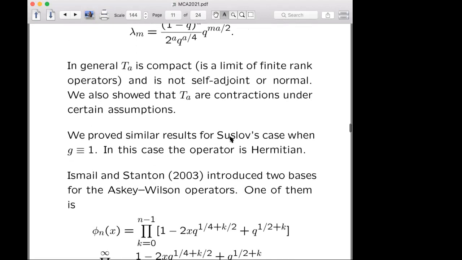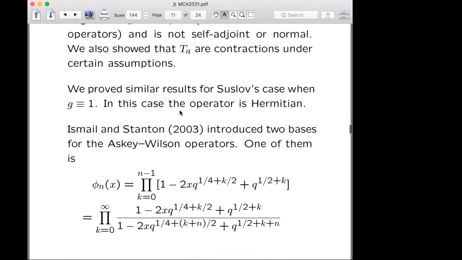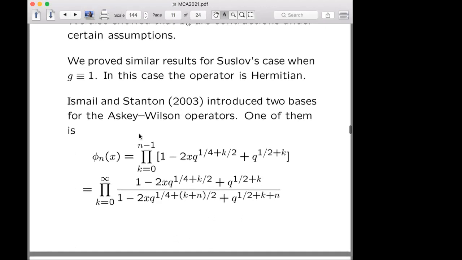Now, in Suslov's case, the operator is Hermitian, so there is no problem. And we did some more calculations, because we wanted to calculate the action of these fractional integral operators on powers of x, or what corresponds to powers of x.